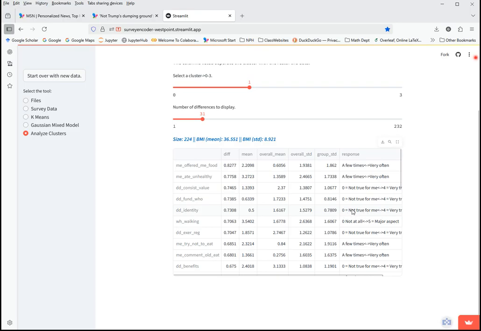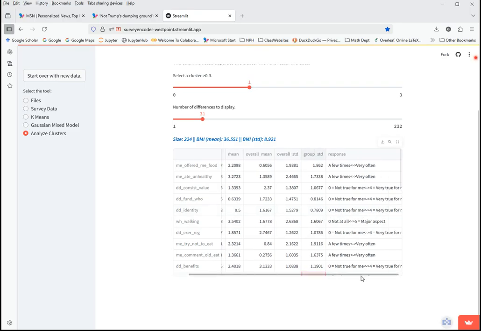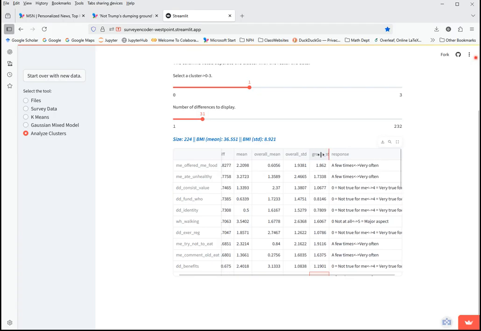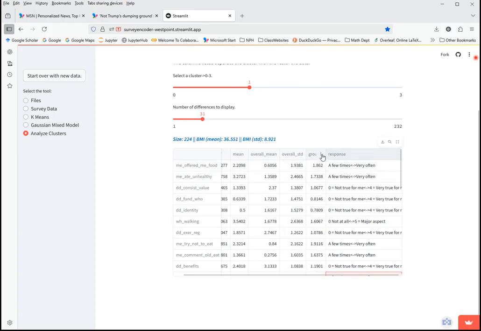You can see 0 meaning not true for me, or 4 meaning very true. You can make this bigger, but it's hard to get to in this case because there's a down arrow on this thing.